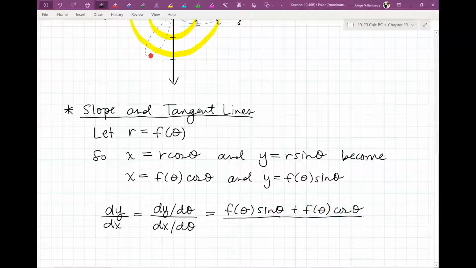They're not going to make you work it out, okay? And then it's going to be f of theta cosine theta minus f of theta sine theta.